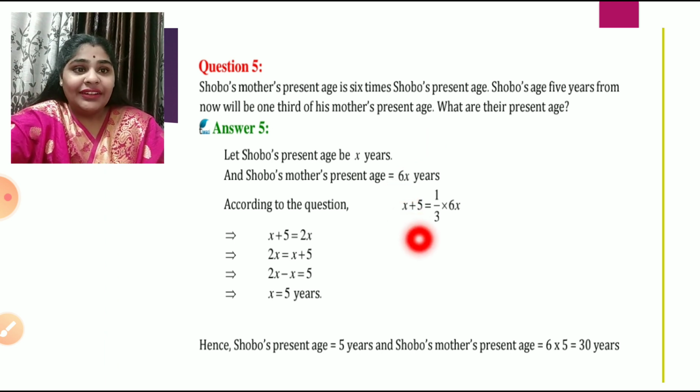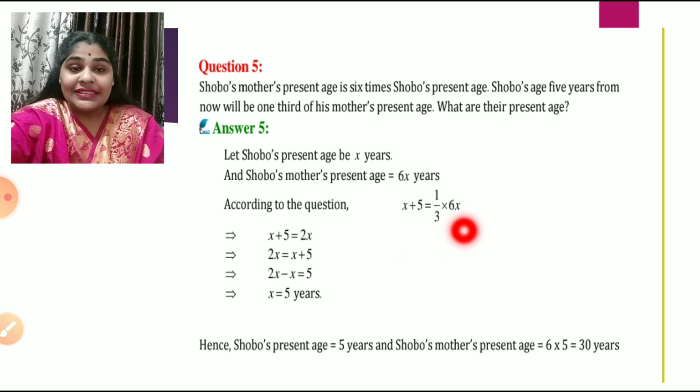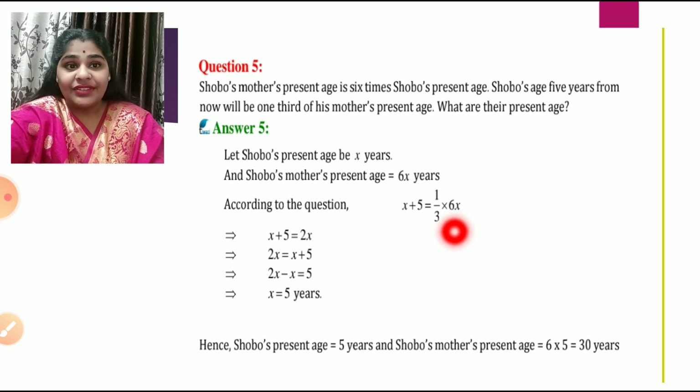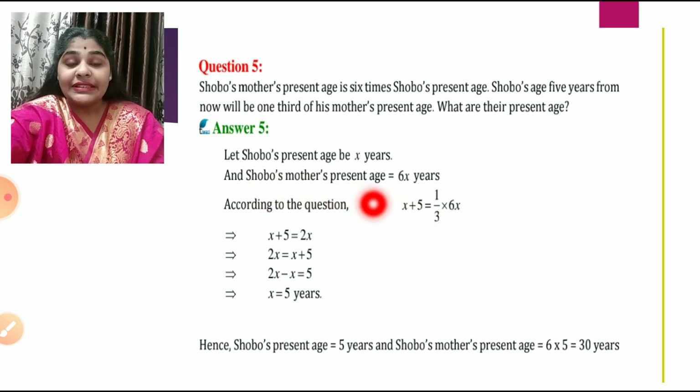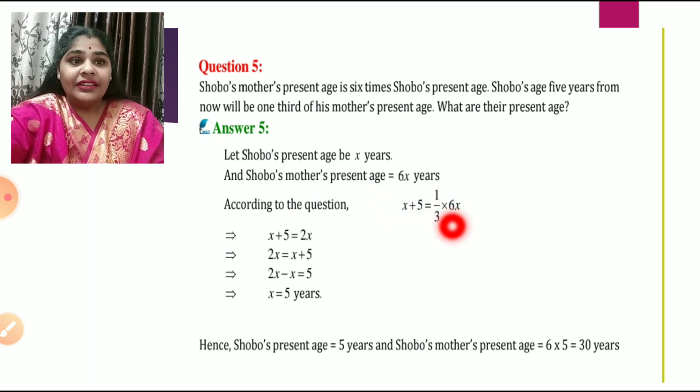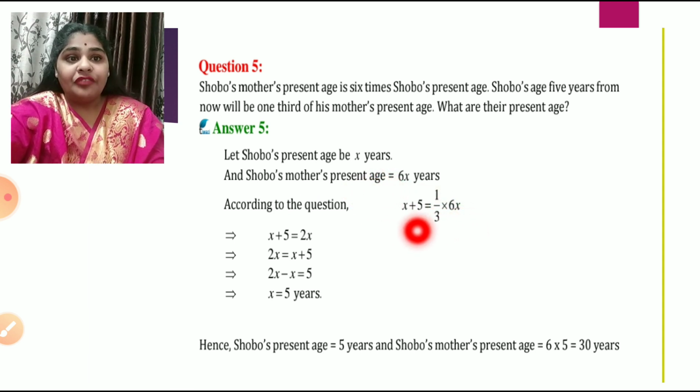So 1/3 multiplied by the present age, that is 6x, right? Now the present age is x. After 5 years, x plus 5 will be equal to 1/3 into 6x.